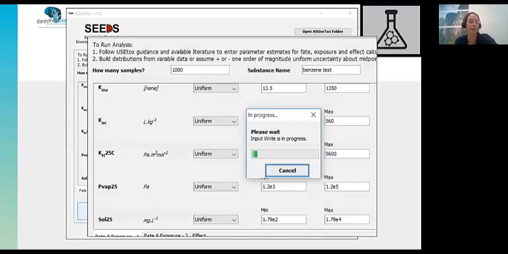You can see more about this approach in this study that was just published last year in the International Journal of LCA. This is an illustration of the characterization factor that was developed this way. And then you could see this range.